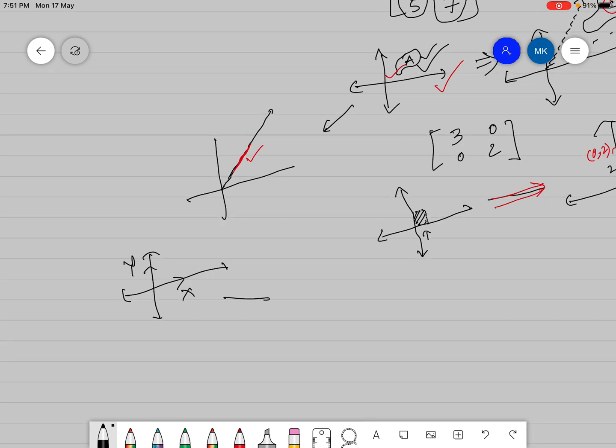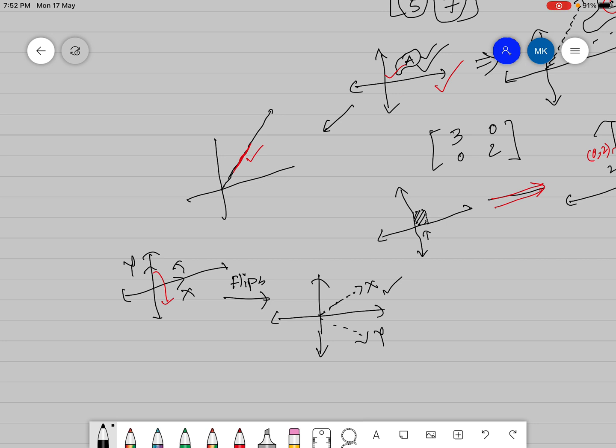If after the transformation the orientation flips, so that the x-axis goes here and the y-axis comes right here, then the matrix that does this transformation will have a negative determinant because it has changed the orientation of the space.